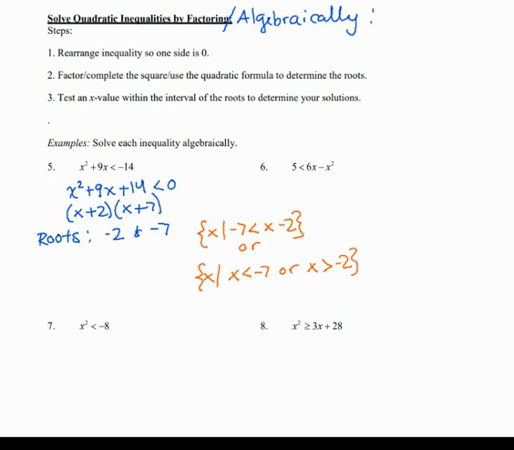One of these will be my answer. Because I know my roots, now I need to know, am I below the x-axis in between, or am I below the x-axis when I am on the outskirts?